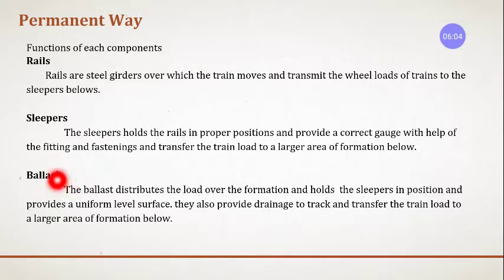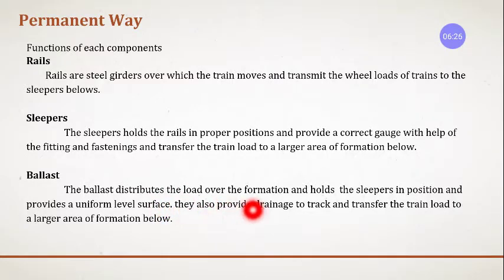So next is ballast, which will transfer the load to a larger area of the formation. Below will be ballast. Ballast distributes the load over the formation, right, holds the sleepers in position, and provides a uniform level surface.